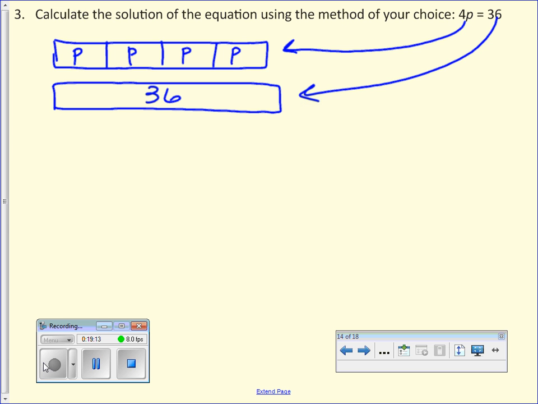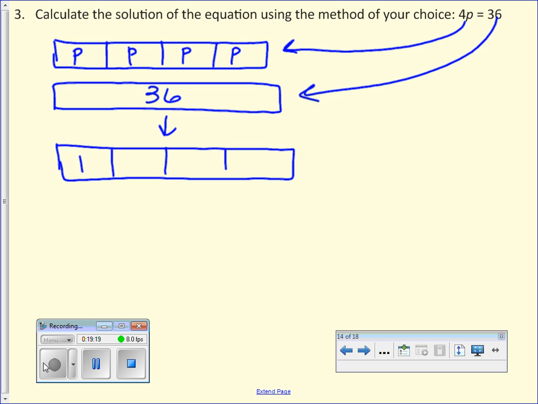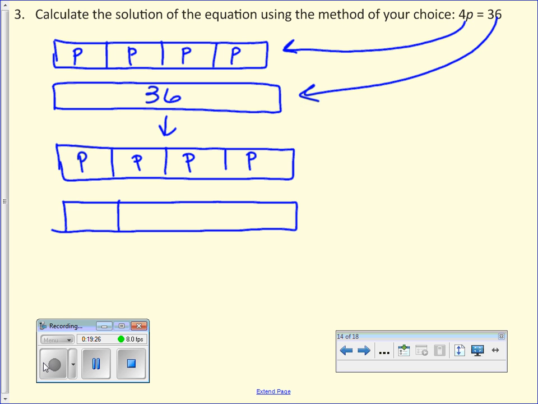Now, I want to take my 36 and make it into 4 sections like the tape diagram above it. So now I'm going to take my 36 and break it into 4 even pieces. So what is 36 divided by 4? 9.